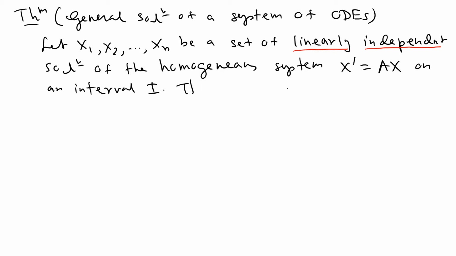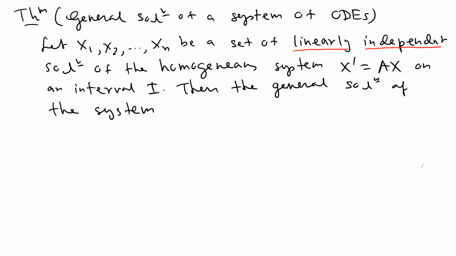Then the general solution of the system on the same I is, we can write exactly like we did before, C1 x1 plus C2 x2 plus like that Cn xn.